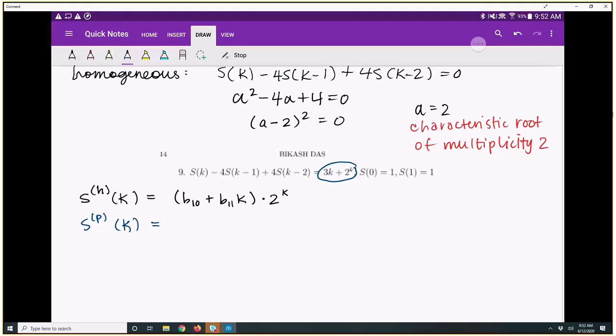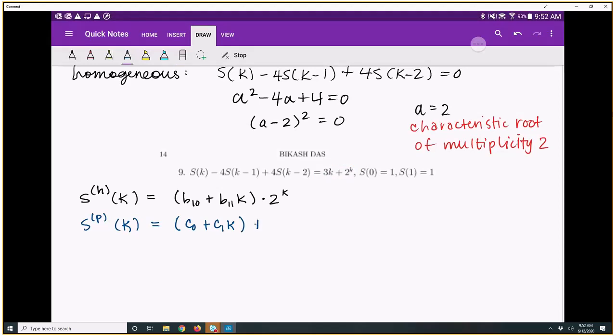So my guess at the particular solution for the term 3 times k, I'll have some constant c0 plus c1 times k. So that's the linear function that I'm guessing because I have a linear function on the right side.